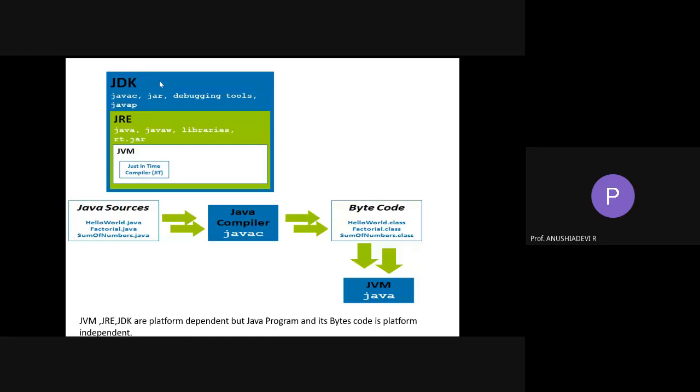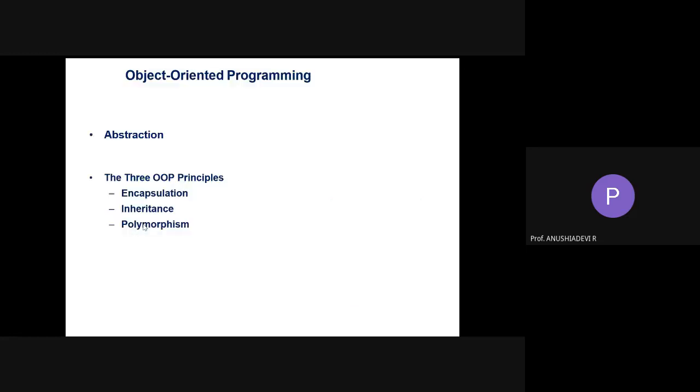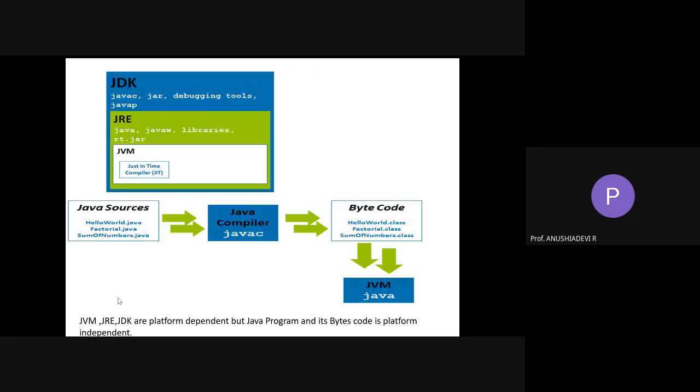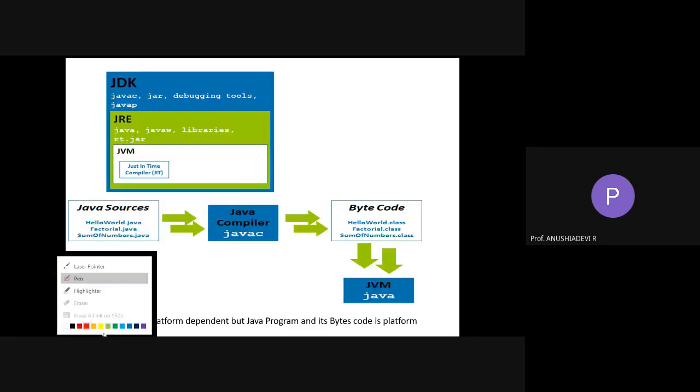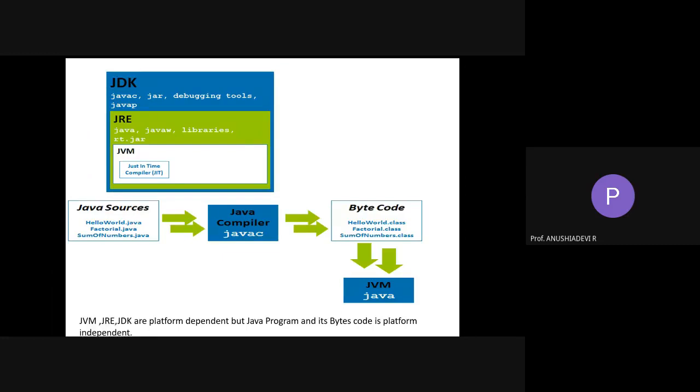Here we have a JDK. Within the JDK we have a compiler, debugger, everything, and also we have a JRE. Within the JRE we have a JVM and a JIT. First we have to write the source code and save the program with the extension .java.